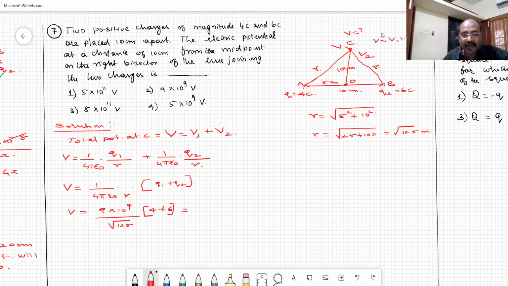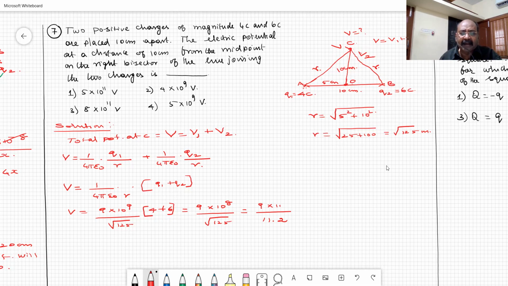So you will be able to get 9 into 10 to the power of 8 divided by root of 125. On simplifying this, you have to calculate the value of root 125. Root of 125 is 11.18. Let us put it as 11.2.